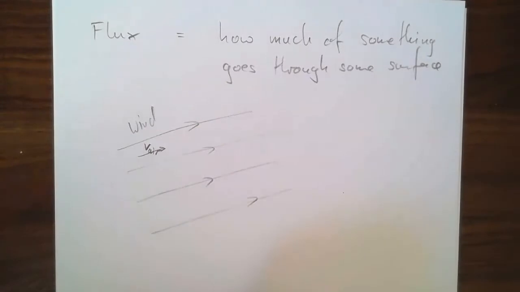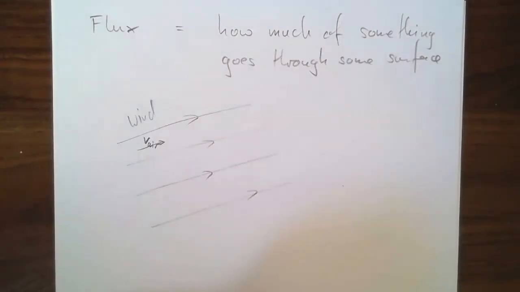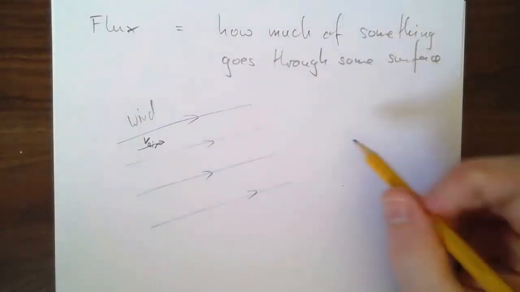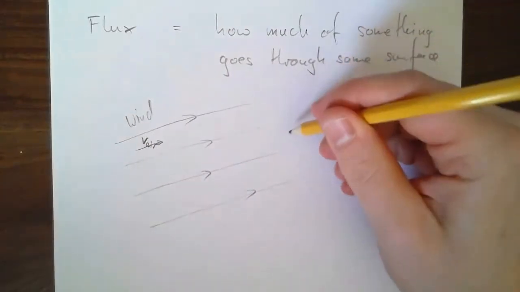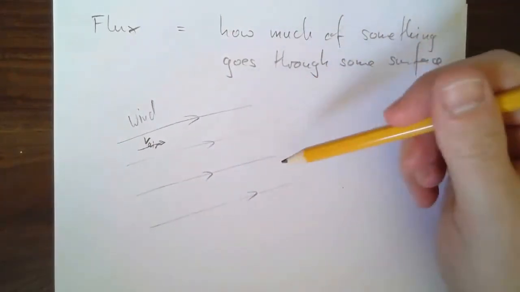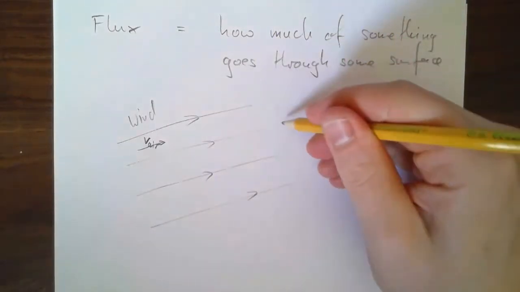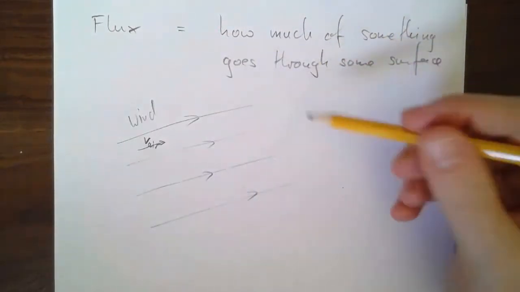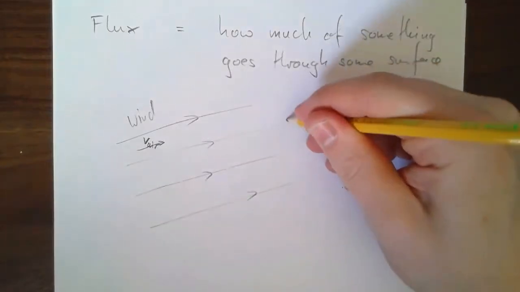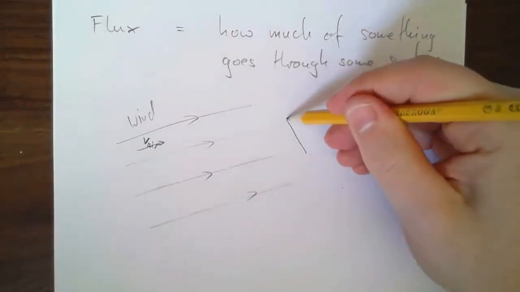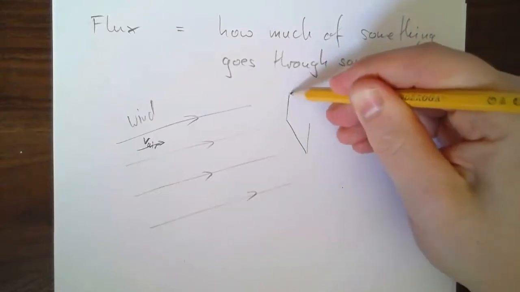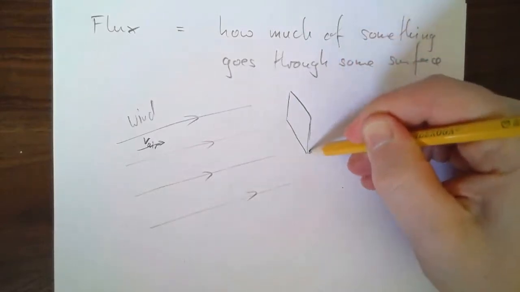Now imagine you have a window frame. You hold in your hand a window frame, and we want to know how much air is going through that window frame. Now I'm going to have to try to draw this in 3D, which is kind of difficult. But you can imagine maybe the window frame sort of looks something like this.